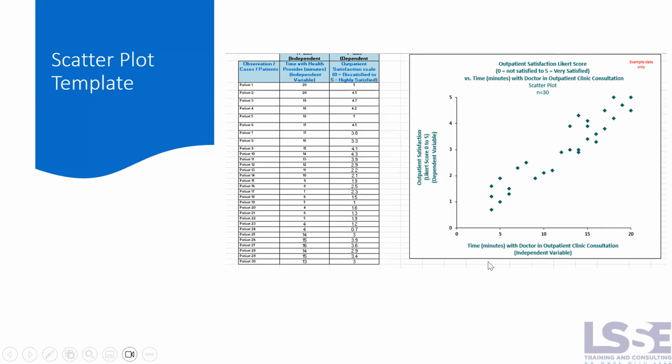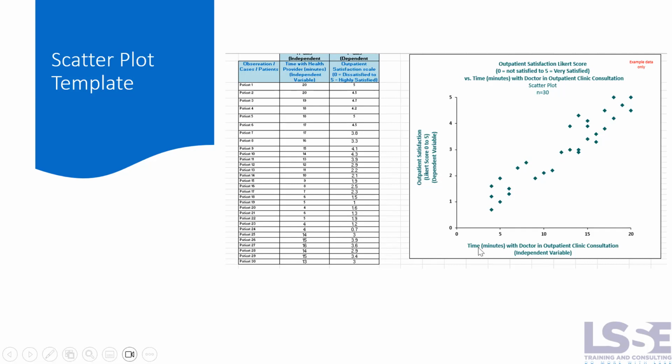In the template I provided in the scatter plot, you just need to paste the values here and here, and then the chart will automatically establish that relationship. In this case, the diagonal line is moving upper right, which means there is a direct linear relationship.